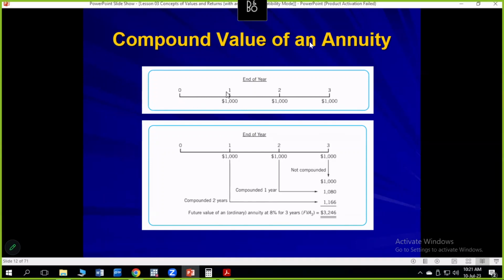These are the years, end year. At the end of the year, you deposit 1,000 rupees. Second year, 1,000 rupees. Third year, 1,000 rupees. This is the way. So the interest is provided at the end of the year.